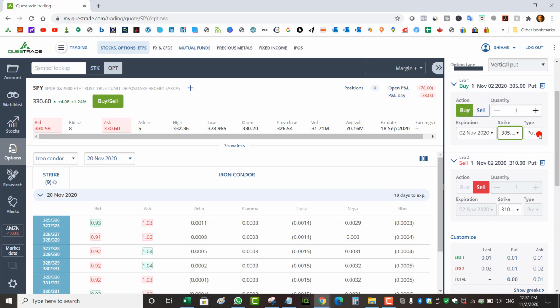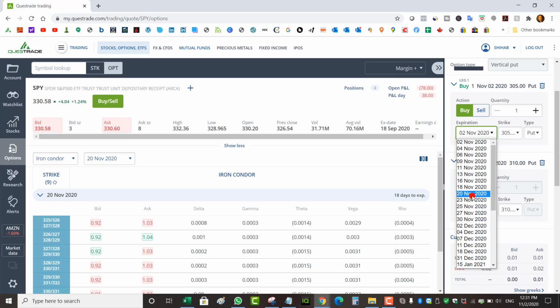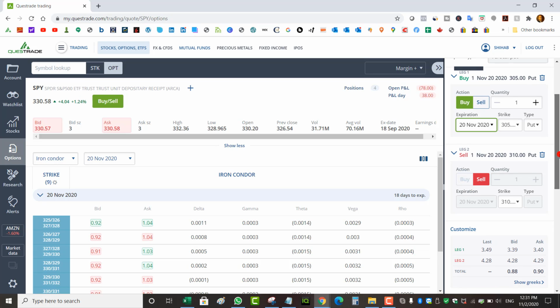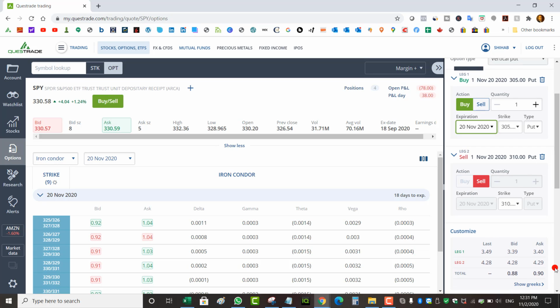I'm collecting 90 cents for that. I would collect 90 cents to sell the 310 put option and buy the 305, and I basically make money as long as SPY is trading above 310 come November 20th. I keep my premium as long as SPY is trading above 310 come November 20th.